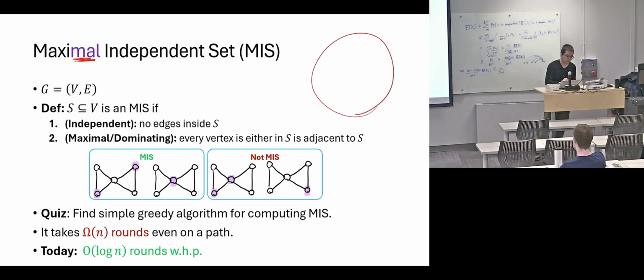Let's say you start with one node, and you pick it into your set, and then it informs the neighbors, and the neighbors will be removed from the graph, declaring that they are done. And the neighbors will now inform some other node, and this node will select itself into the independent set, and repeat.